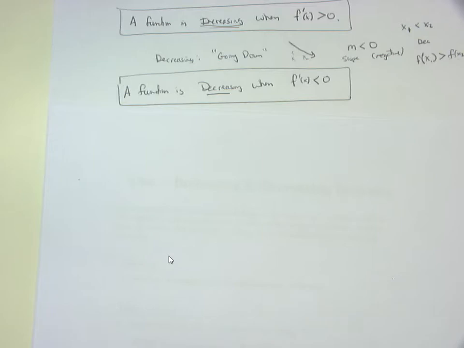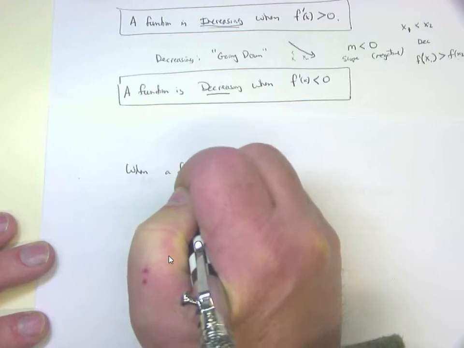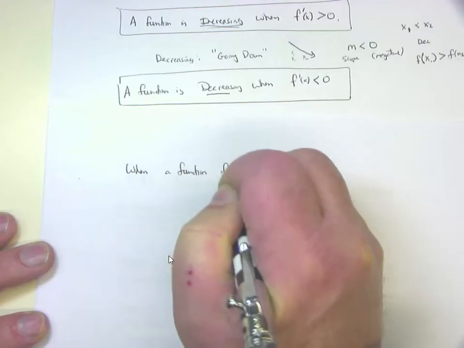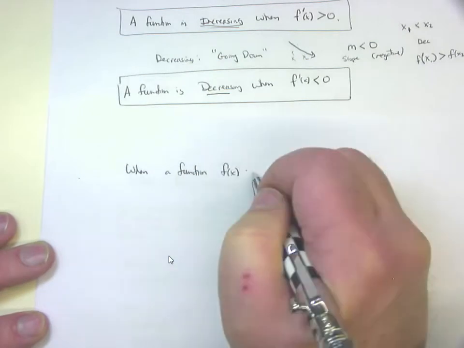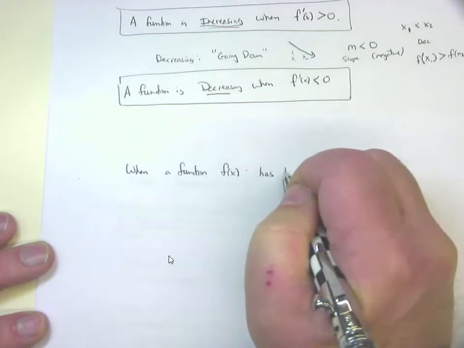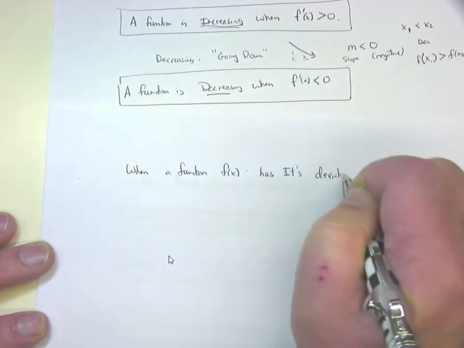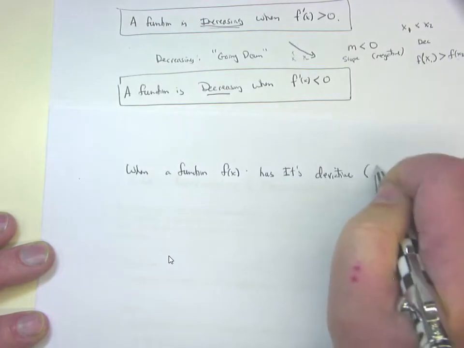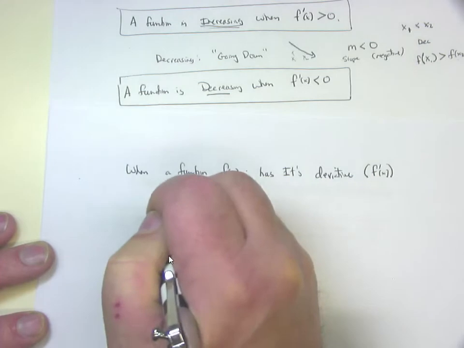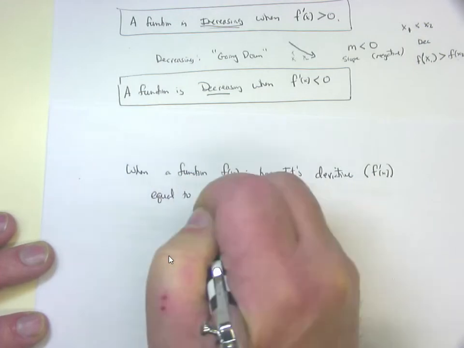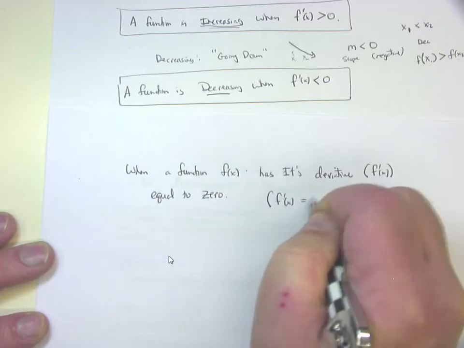Because right when it's equal to 0, when a function f of x has its derivative f prime of x equal to 0, we're talking about f prime of x actually equal to 0.